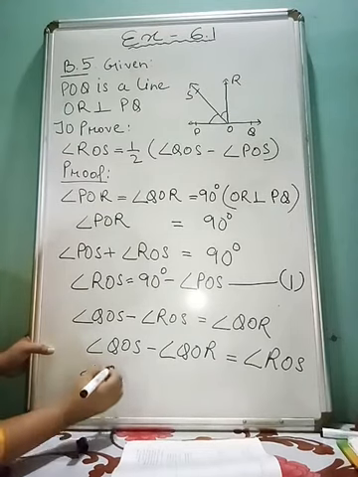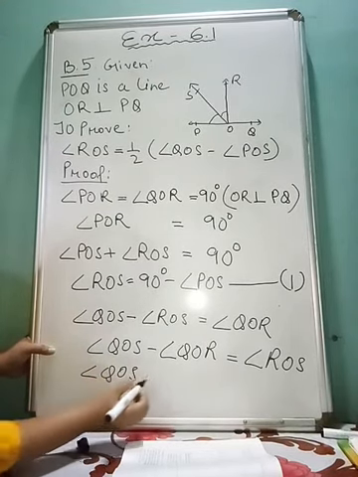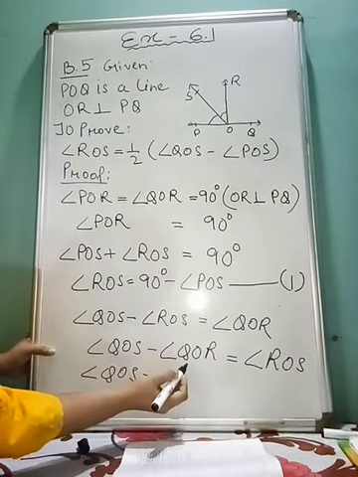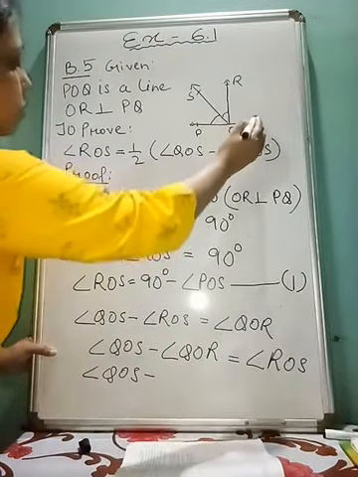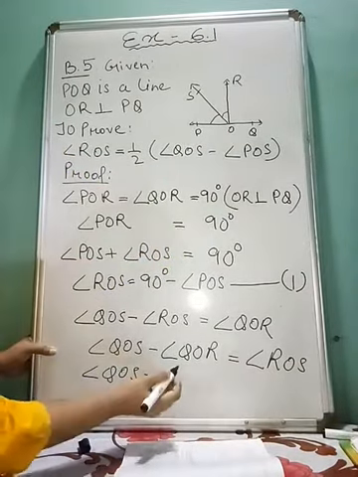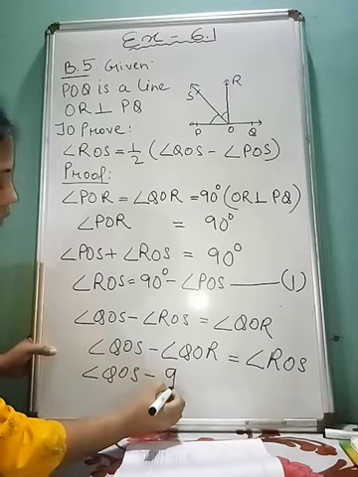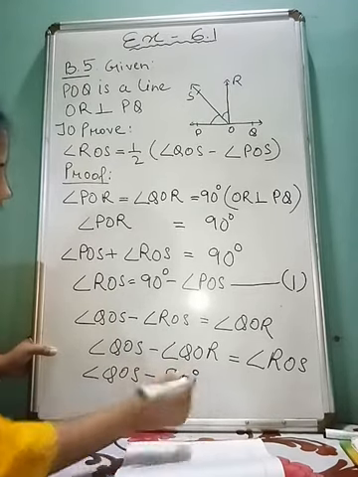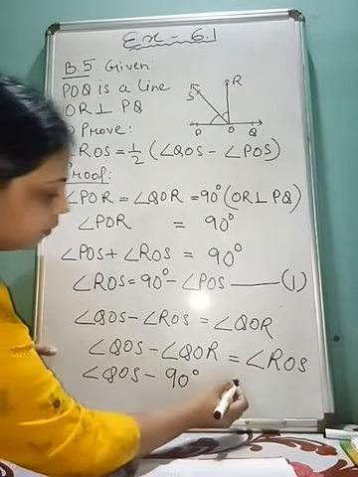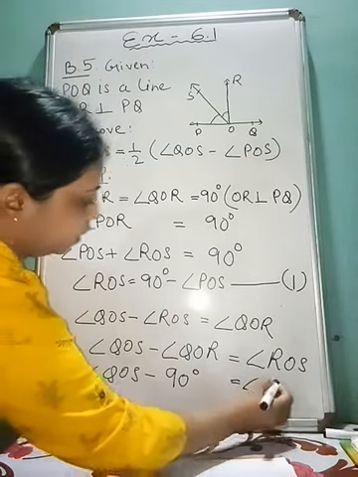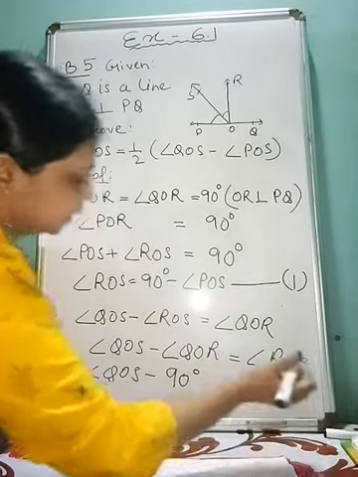Now what is QOR? We know that angle QOR is a right angle, it is 90 degree. So in place of QOR we will write 90 degree, equal to angle ROS.